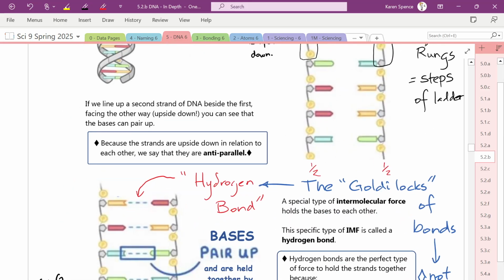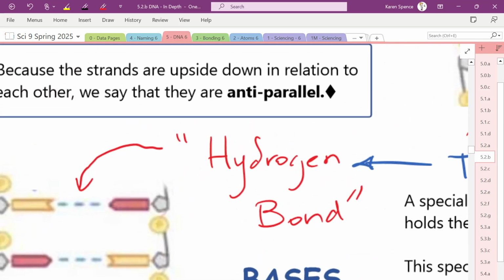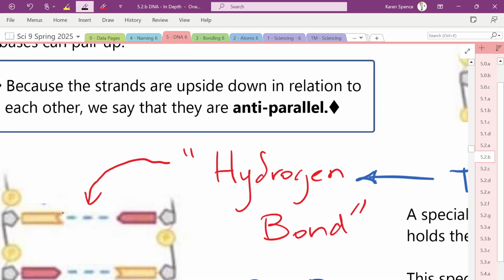Now, here you can see we've got the pointy bit going together with the pointy bit, and in between, see that dashed line there? In between the base on side A and in between the base on side B, those dashed lines, that right there is called a hydrogen bond.